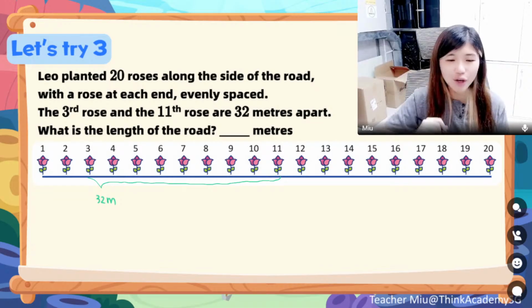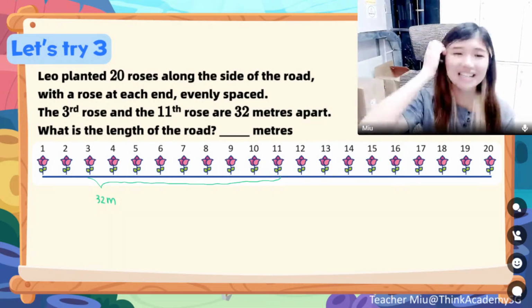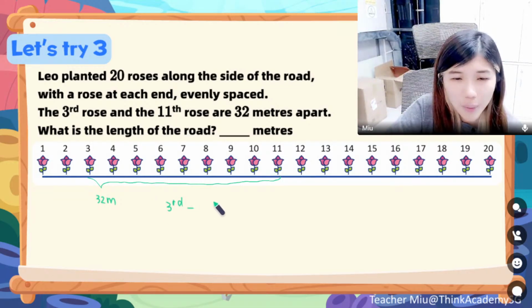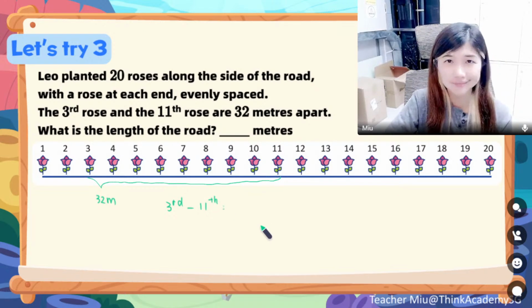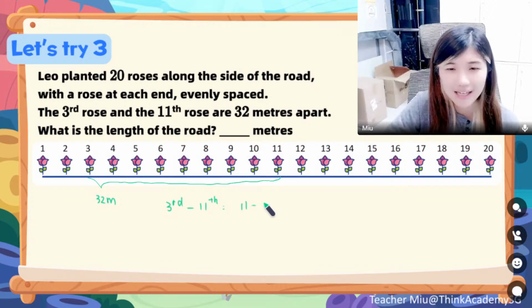Wow, so fast. I got so many of you all correct. Well done. Okay, let's do it step by step. From the third rose all the way to the 11th rose, how many intervals are there? 11 minus 3, right? So altogether it's 8 intervals.